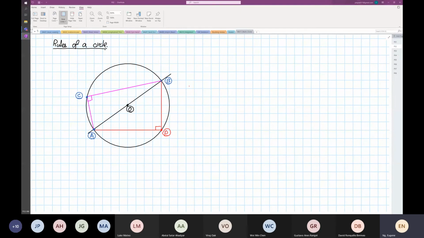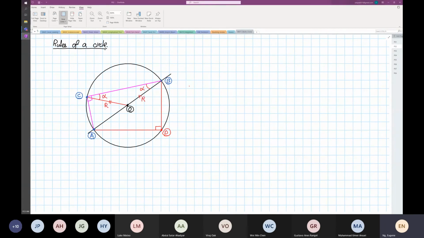I want us to focus for now on our triangle ACB. From point C, I'm going to draw to the center of the circle. I'm going to call this angle alpha, and this is also angle alpha, and we know that this is the radius.